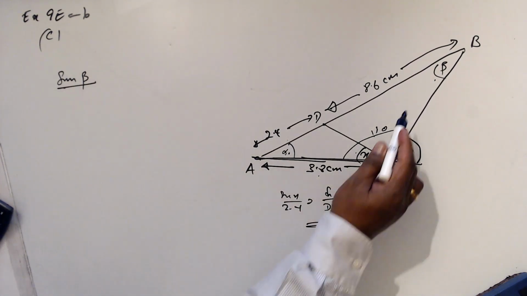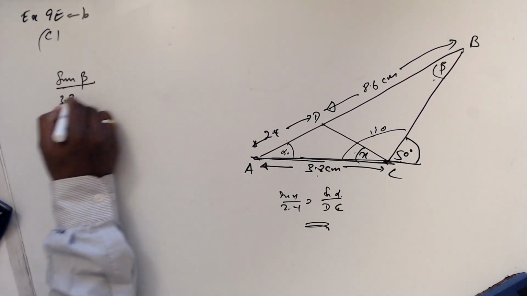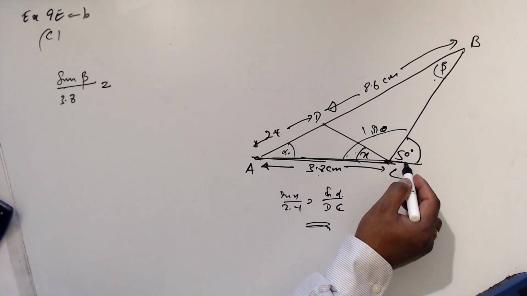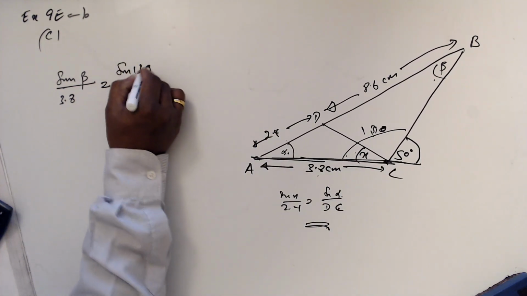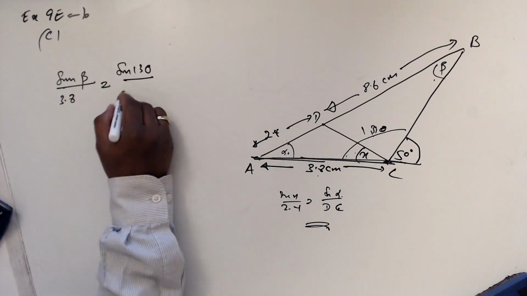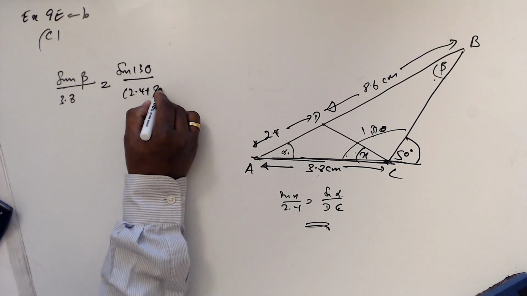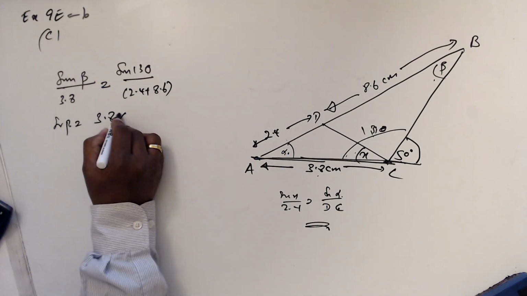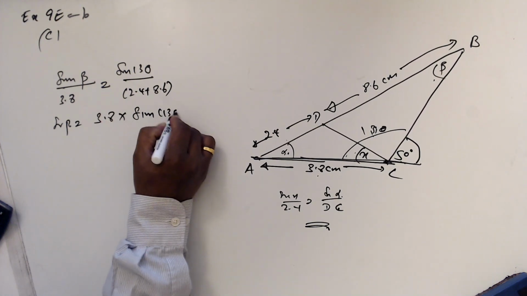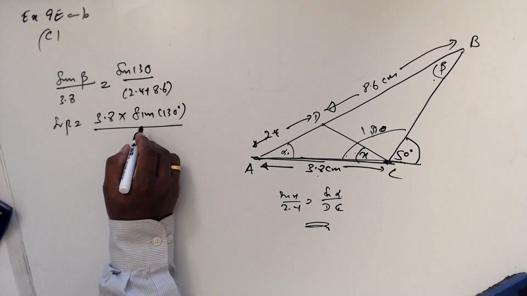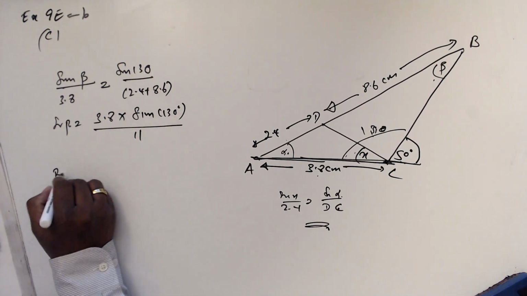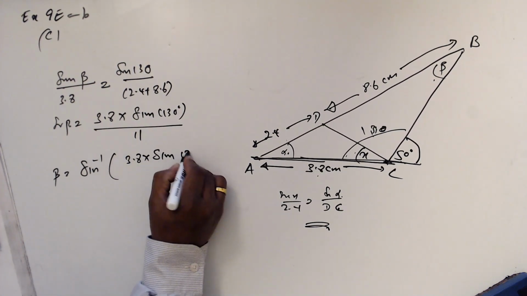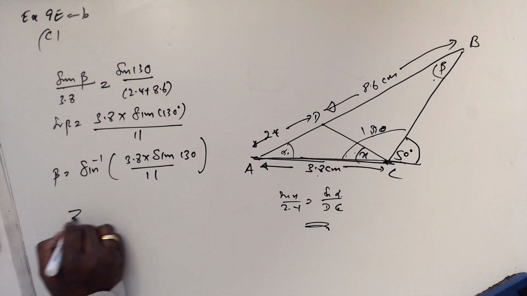Sine beta over 3.8 equals sine 130 over 2.4 plus 8.6, because this is 50. So sine beta equals 3.8 times sine 130 over 11. Beta equals sine inverse of 3.8 sine 130 over 11.